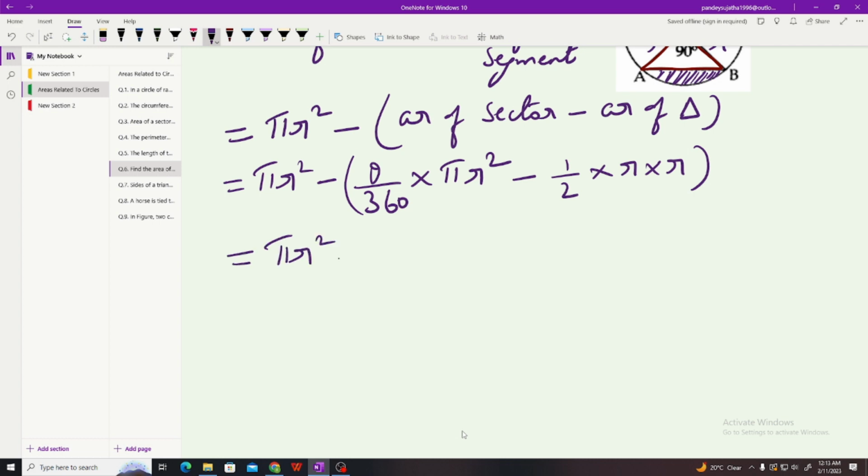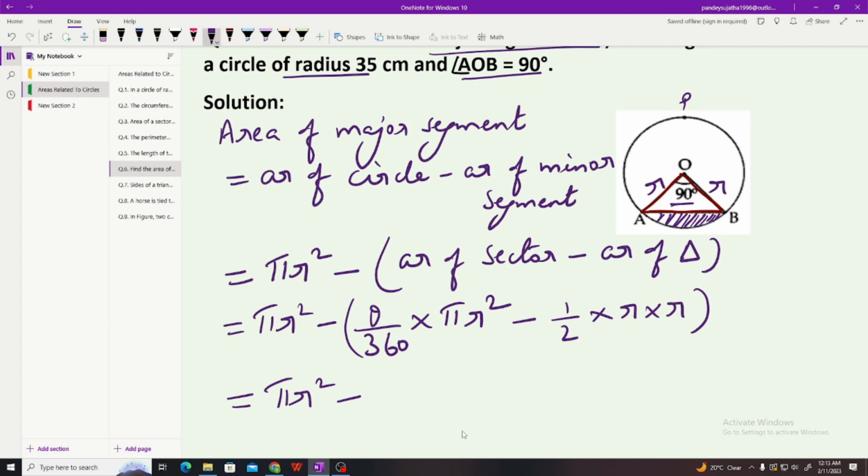Pi r square minus, since theta is given here as 90 degree, so 90 upon 360 into pi r square minus. When we open the bracket, this minus and this minus makes it positive. So it is half r square.